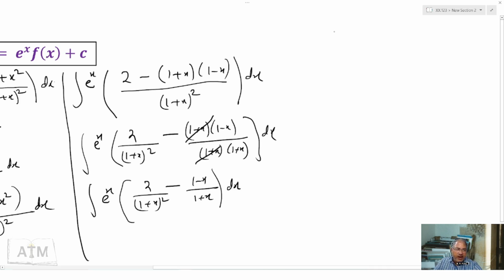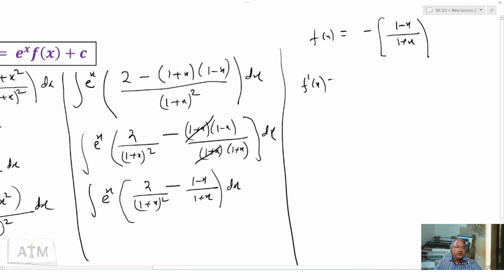So the blind guess is that f of x equals minus (1 minus x) upon (1 plus x). Now we'll find f dash x and see whether our guess is true or false. I am writing f dash x directly, but you calculate yourself.